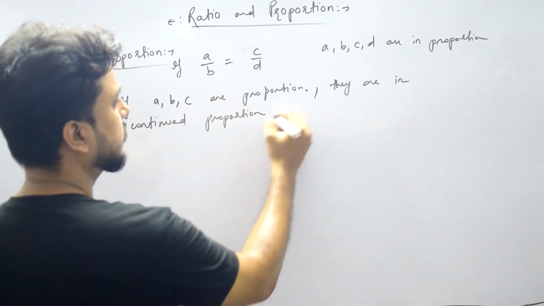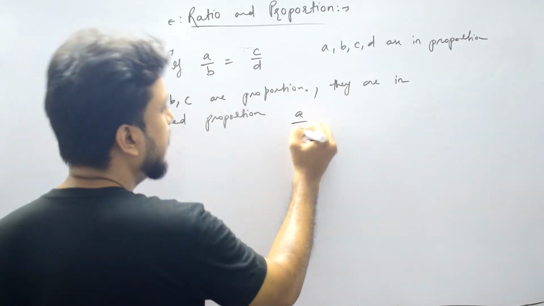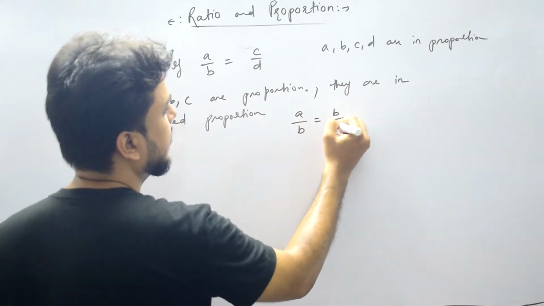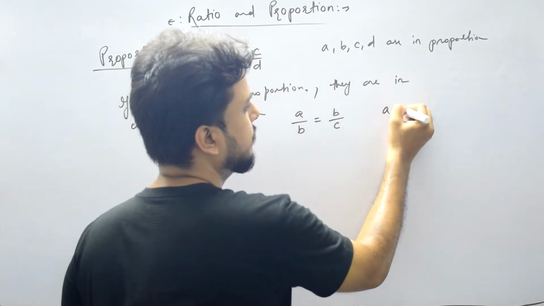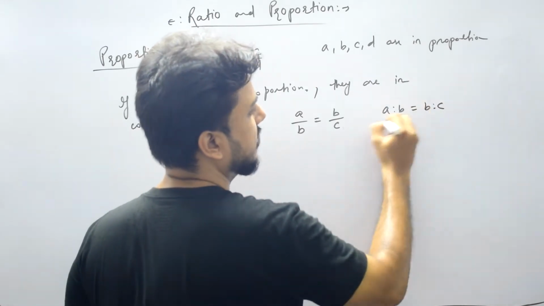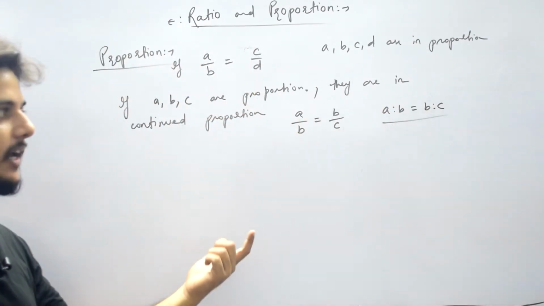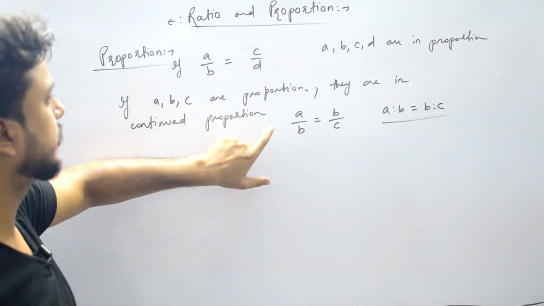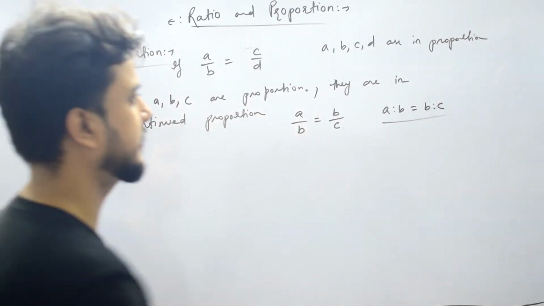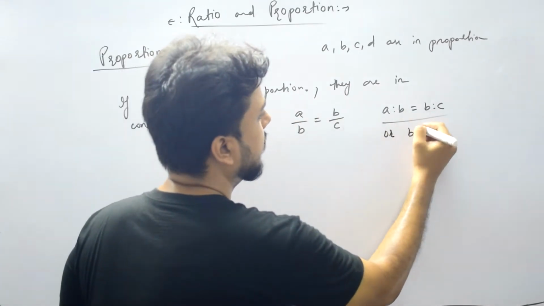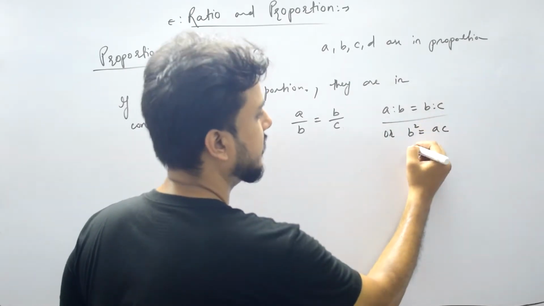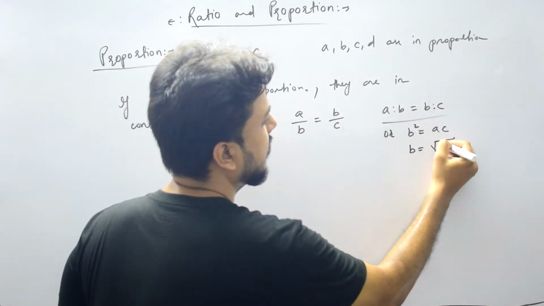In continued proportion basically we have A by B is equal to B by C. That means A is to B is equal to B is to C. This we have also studied earlier. If A, B, C are in continued proportion, that means A by B is equal to B by C, or we can also say that B square is equal to AC.